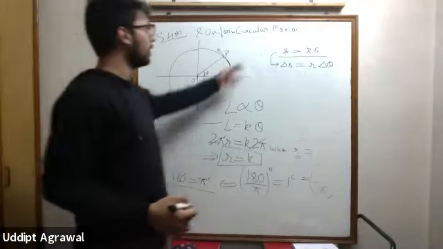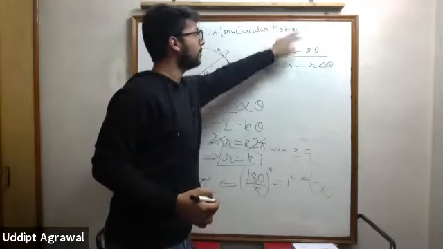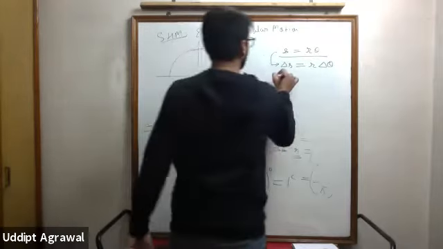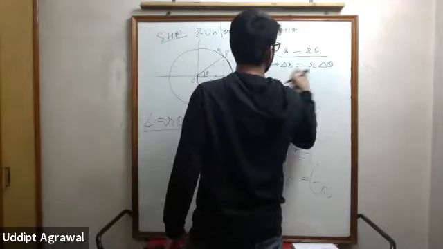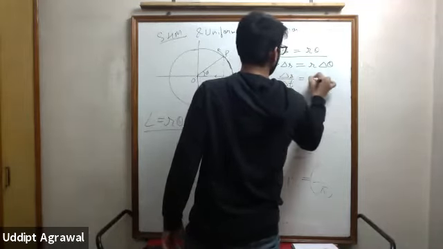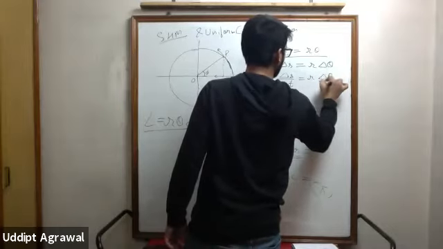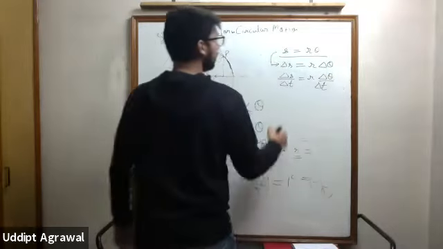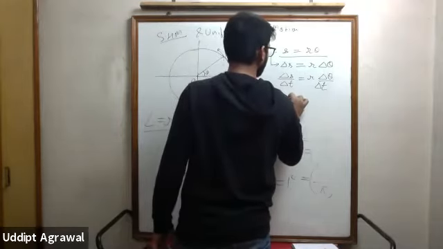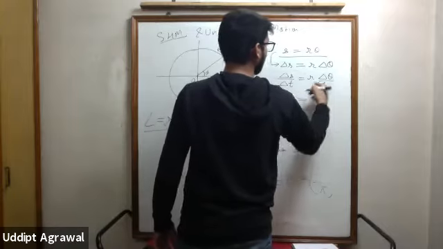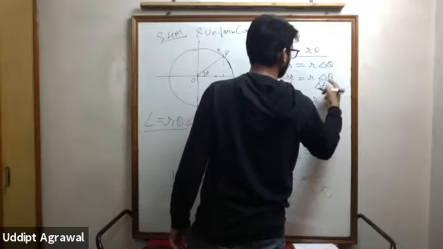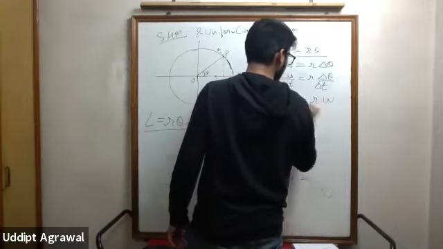Because a minute change in S obviously only results in a minute change in theta, which gives me, and now I'm dividing it by delta t, which gives me ds upon dt, which is essentially v, and here I get d theta upon dt, which is omega.